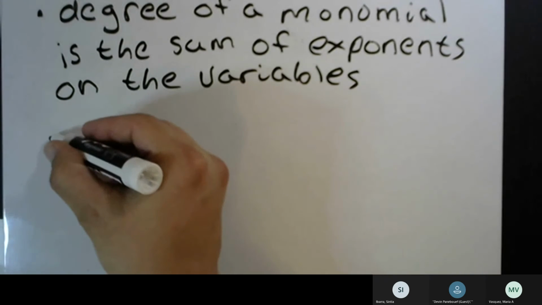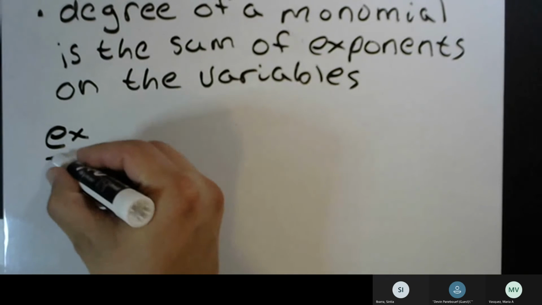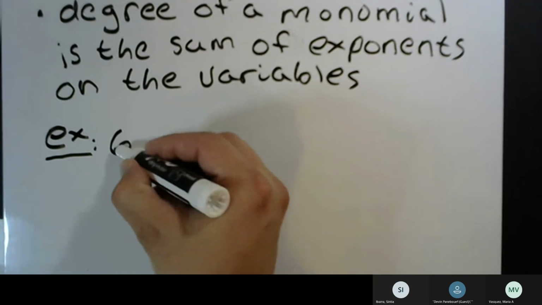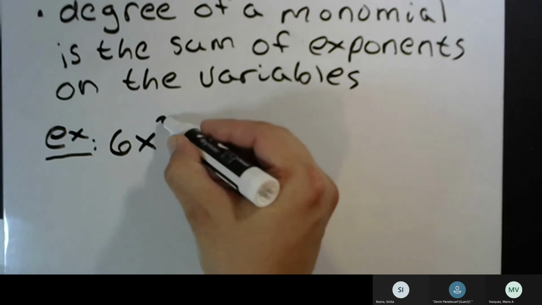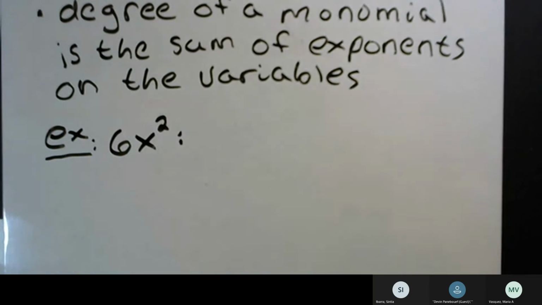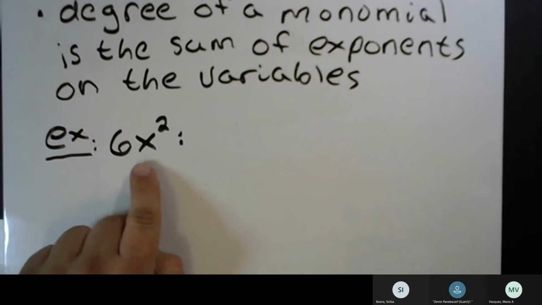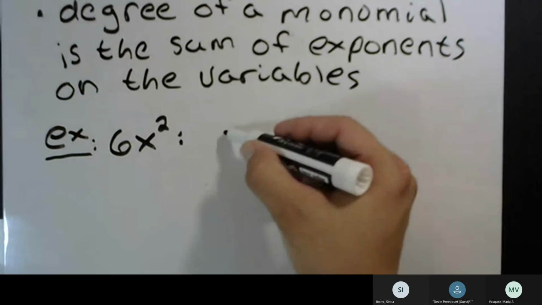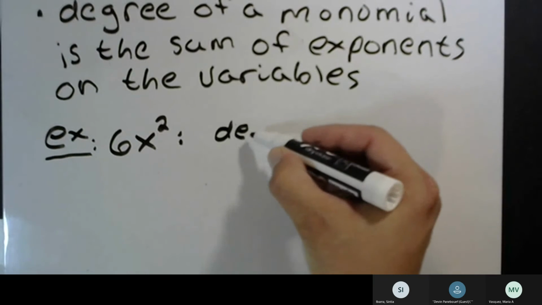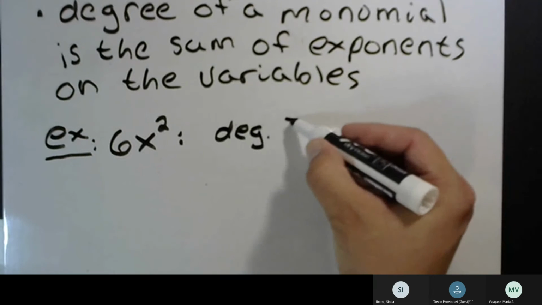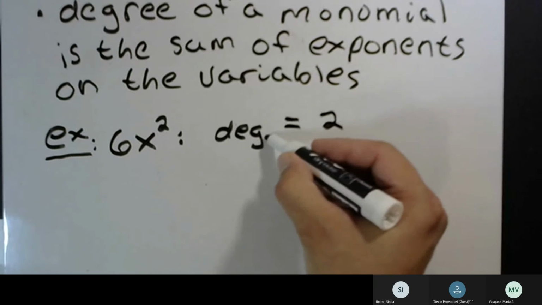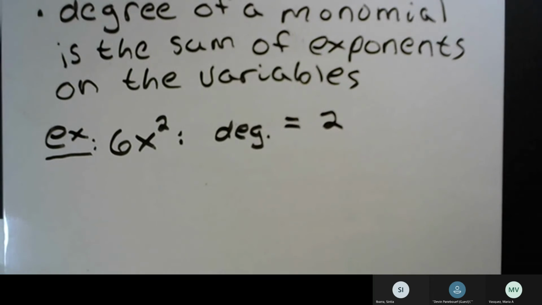So here's some examples. Well, in this one, there's only one variable, the x squared. So the degree is equal to 2. Really nothing to add there.